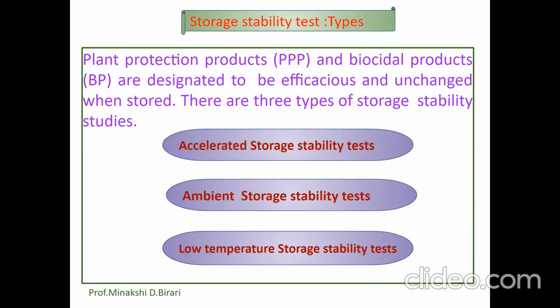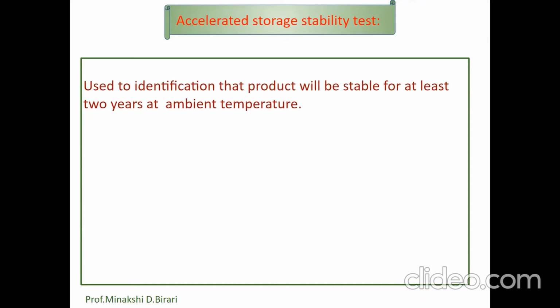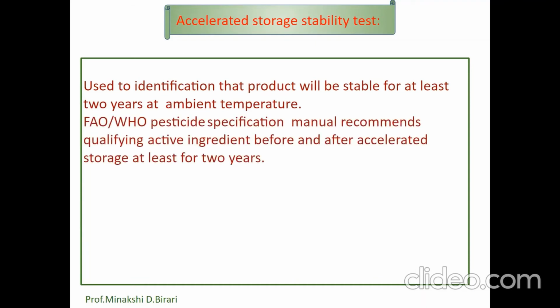First of all, the accelerated storage stability test. The accelerated storage stability test is used to identify that the product will be stable for at least 2 years at ambient temperature. The FAO or WHO pesticide specification manual recommends quantifying the active ingredient before and after accelerated storage, for at least 2 years.